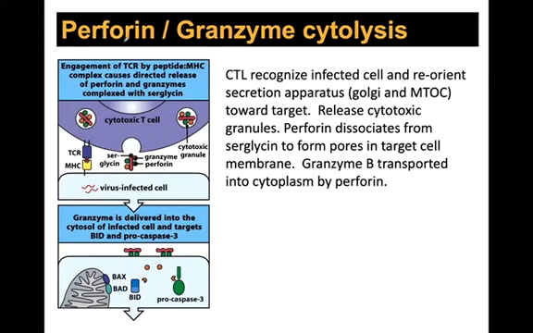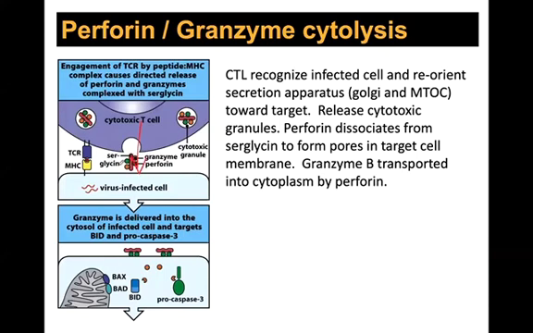Now, granzyme B is the main effector molecule in killing a target cell. So the CTL recognizes the target cell, it reorganizes all of its secretion apparatus, right? This is the Golgi and microtubule organizing center, it points the gun at the target cell, and it releases granzyme B and perforin bound to cerglycan.